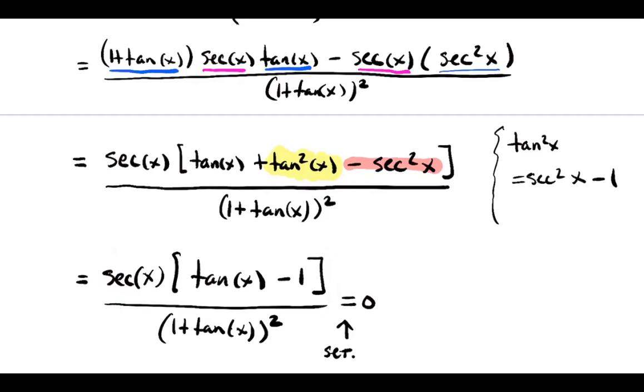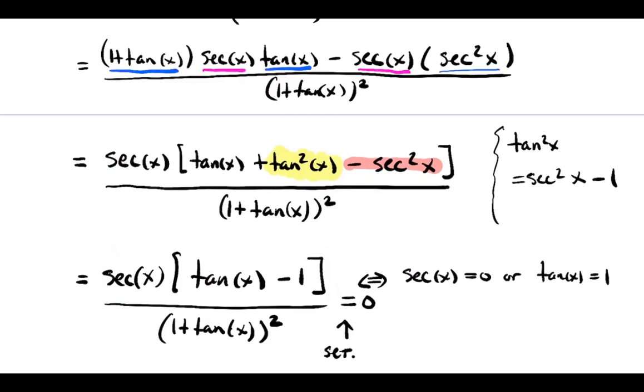So I have to set secant x equal to 0, or tangent of x has to equal 1. That's the only way that expression can equal 0. I'm going to put a little symbol there, meaning if and only if, that this equation is true if and only if those things.